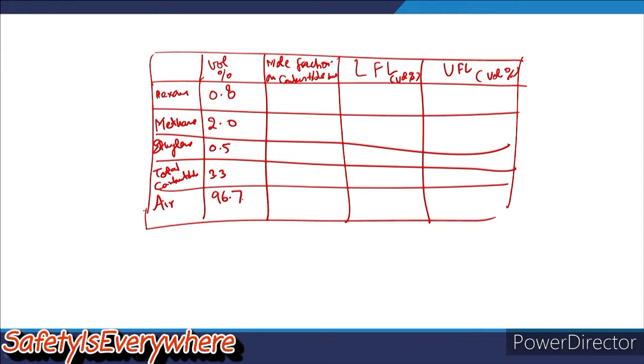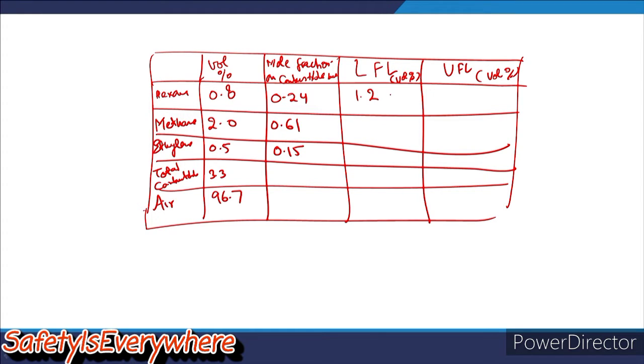If we calculate the mole fraction on combustible basis, it comes out to be 0.24, 0.61 and 0.15. The LFL on the basis of volume percent, you can get from your textbook, that is Crowl, and we have supplied the standard table at the end of this module.